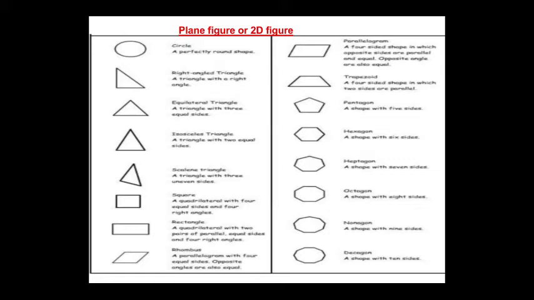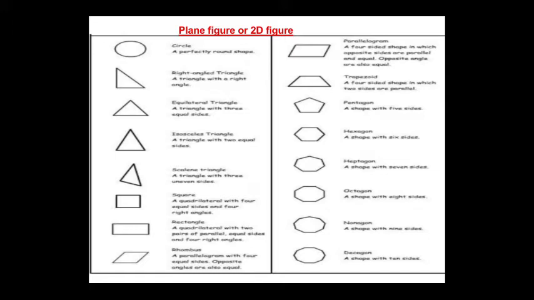Equilateral triangle, by the name itself it indicates: equi means equal, lateral means sides. A triangle has three sides, and if all three sides are equal, then you call it an equilateral triangle. In a triangle, three types are there: equilateral triangle is one of them, and then the isosceles triangle.